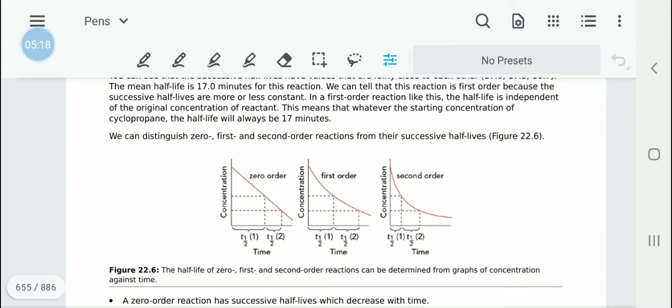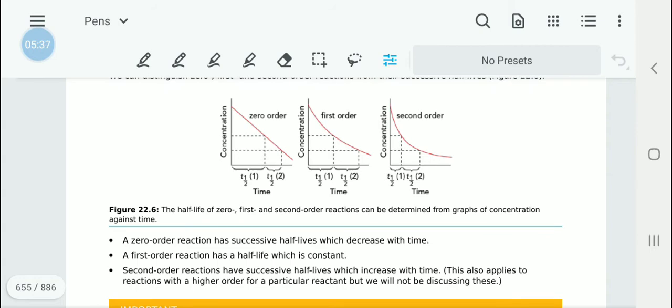If you take zero, first and second order, you will be able to get an understanding like this. As you can see, in the zero order reaction, successive half-lives will decrease with time. First it will have a higher value, then it is going to be lesser as time goes by.